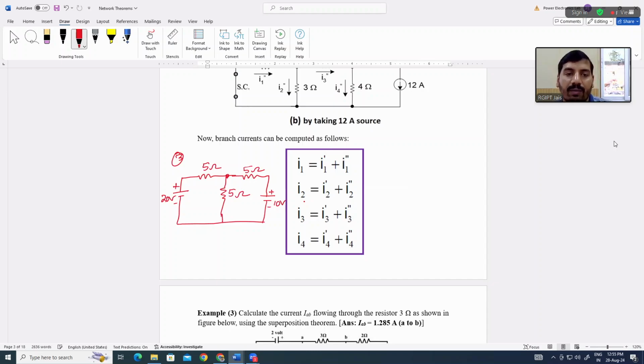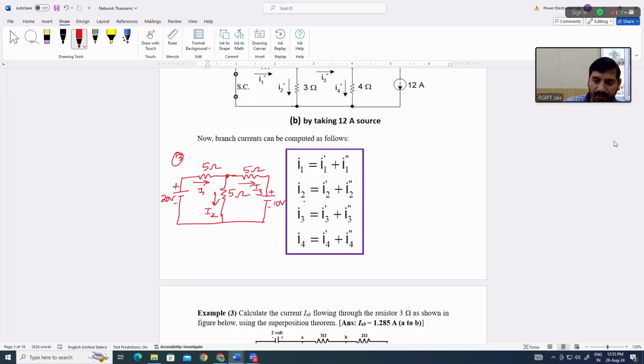You have to evaluate the current flowing through all branches, meaning you have to calculate I1, I2, I3 values. This is your homework. You have to apply the superposition theorem only.